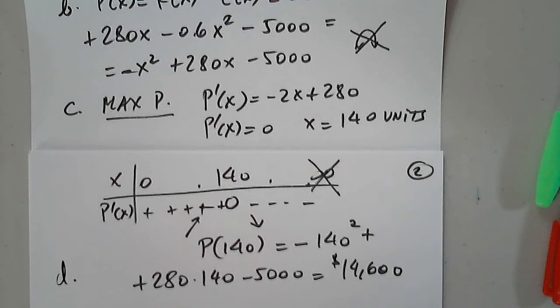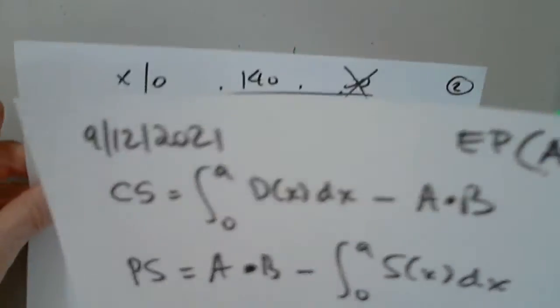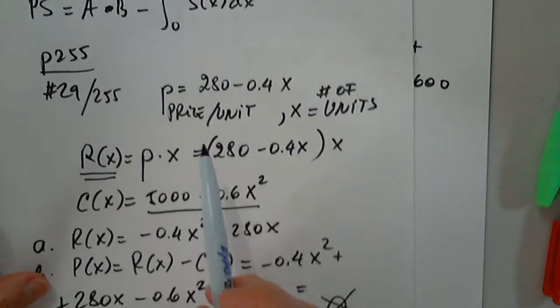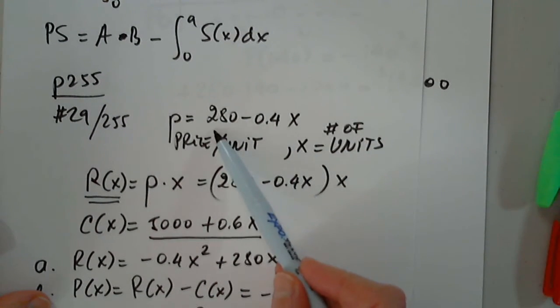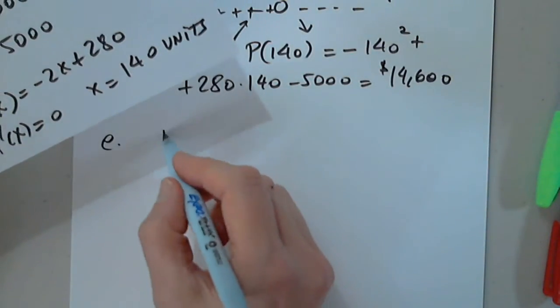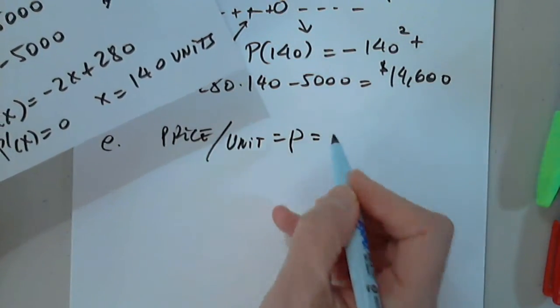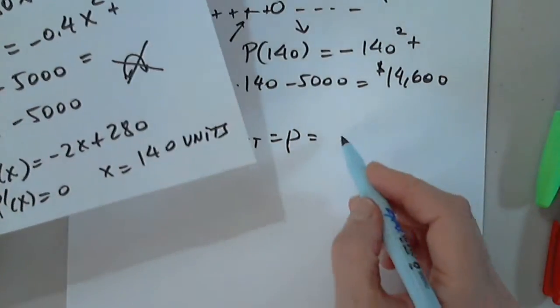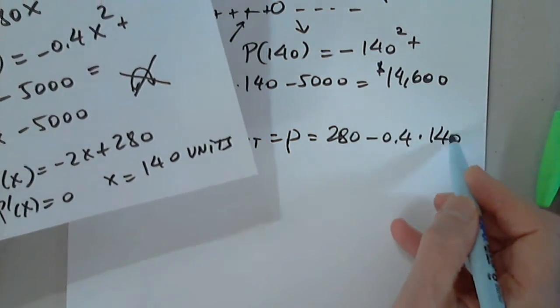And part E, what price per refrigerator must be charged in order to maximize profit? Okay, so now I have to go back to the price. And this is the price per unit. So I have to plug in here 140: 280 minus 0.4 times 140. So that's part E. So price per unit, that's the p, 280 minus 0.4 multiplied by 140.